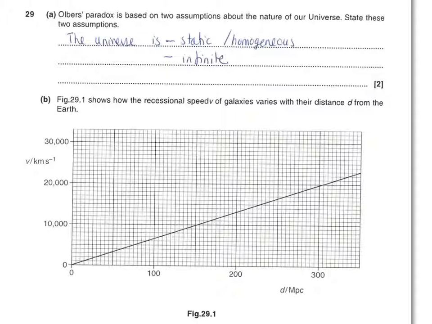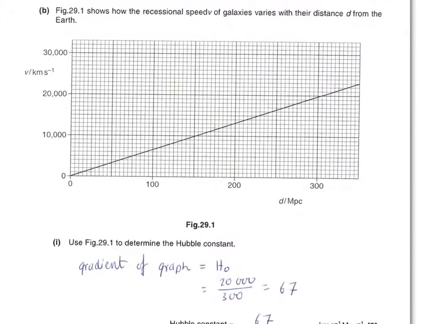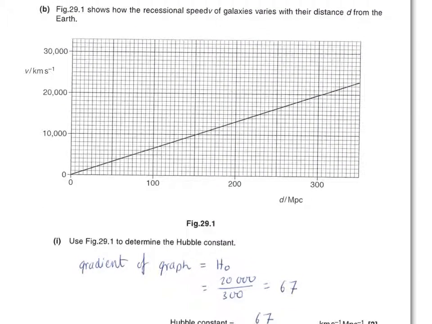Next, we consider a graph showing the recessional speed of galaxies against the distance d from the Earth. Using this, we can find the Hubble constant. So, quite simply, we want to find the gradient of the graph.